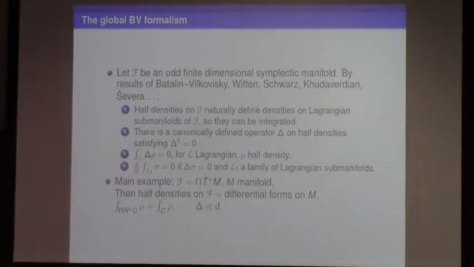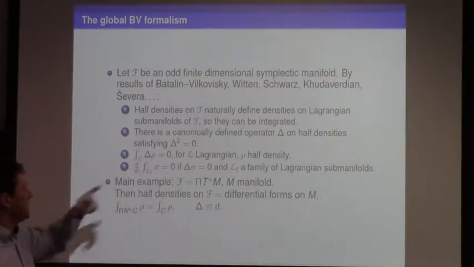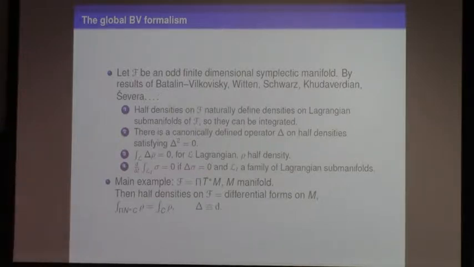So these are the basic things you want to do. In the application to field theory, this delta-closed density is essentially the exponential of the action in the functional integral, and the Lagrangian submanifold is the gauge fixing for the theory.